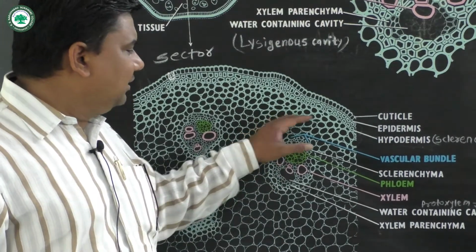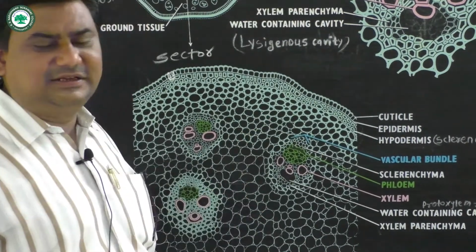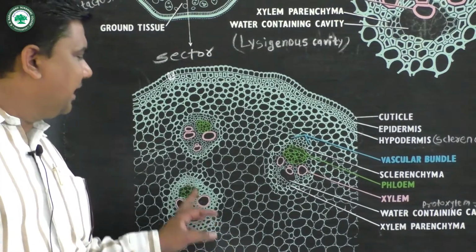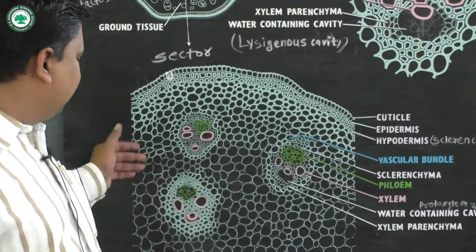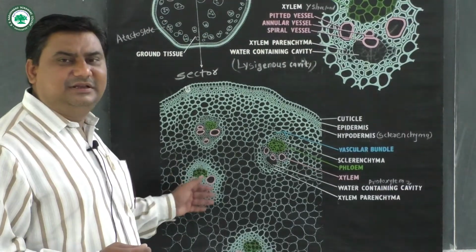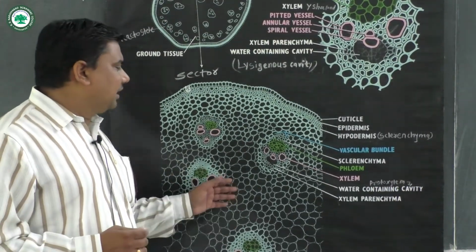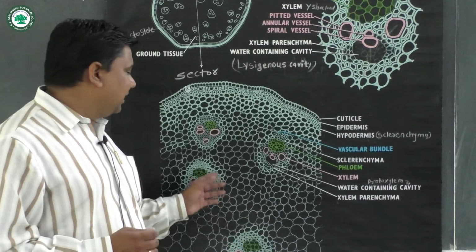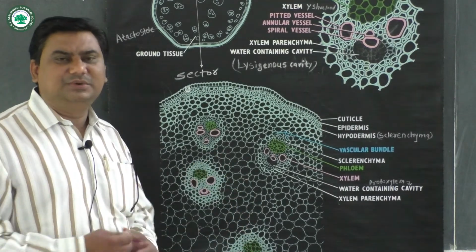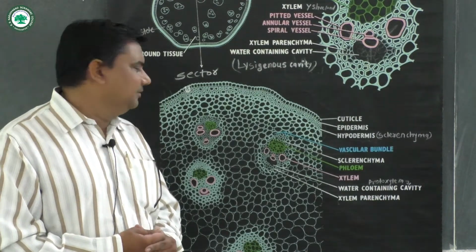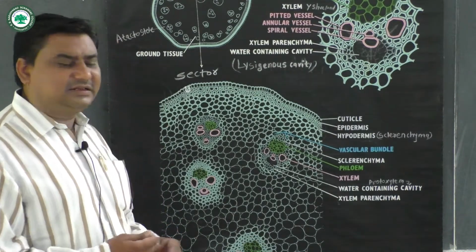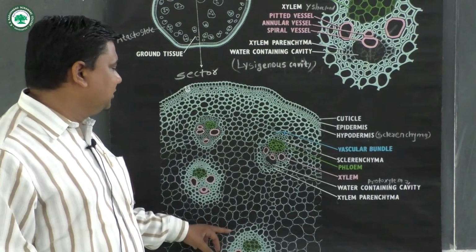So all these cells are parenchymatous in nature, and what we call it is the ground tissue. In the ground tissue, the vascular bundles are scattered.